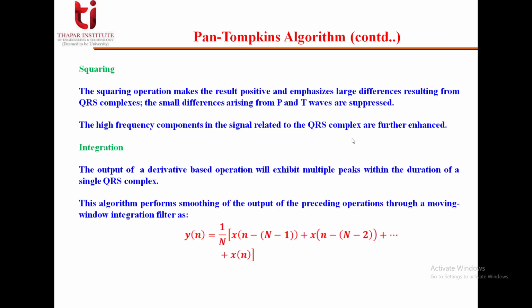You can see the equation of that. It is y of n is equal to 1 by N times x of n minus (N minus 1) plus x of n minus (N minus 2), and so on up to x of n. So this is the moving window integration filter.